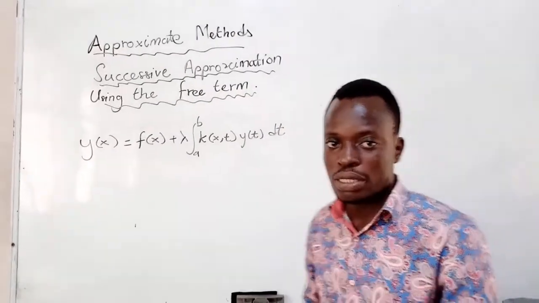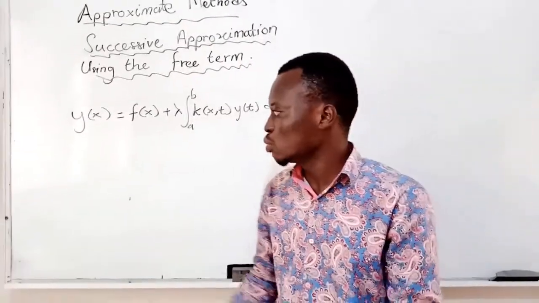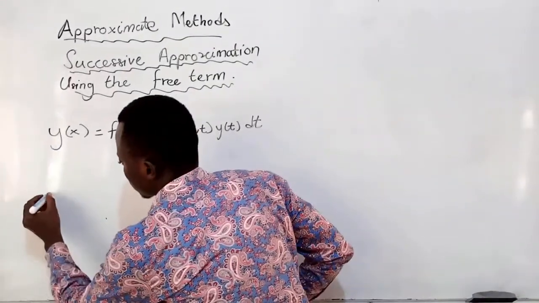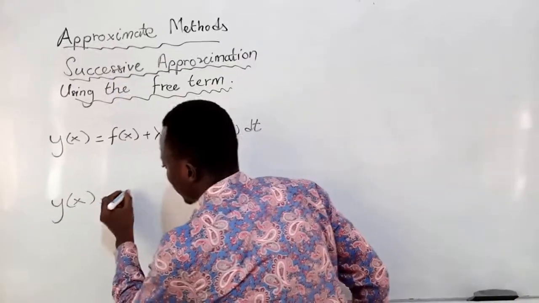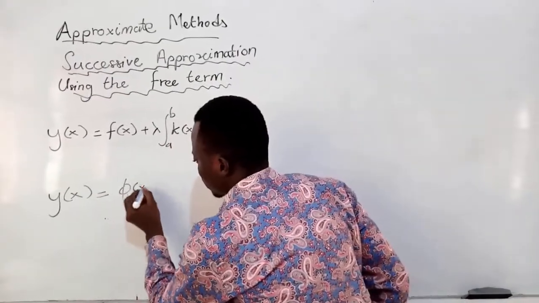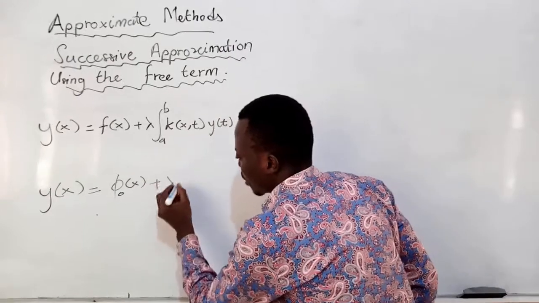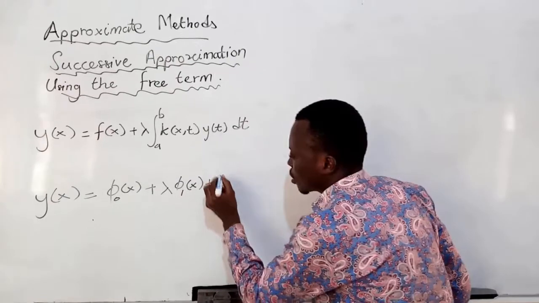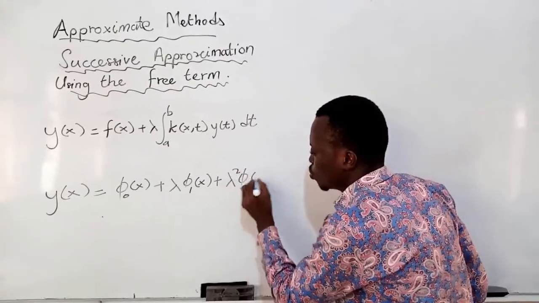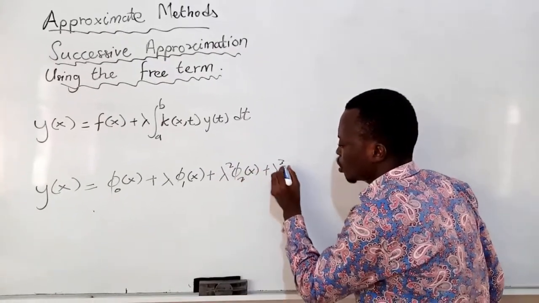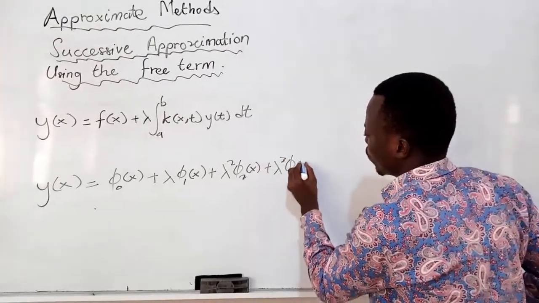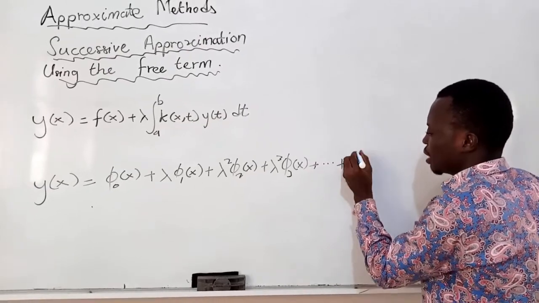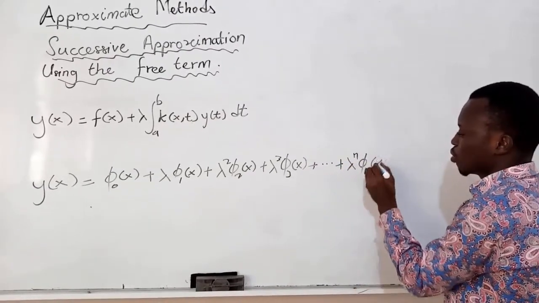you can use a series to estimate this solution. That is, y of s equal to phi naught of s plus lambda phi 1 of s plus lambda squared phi 2 of s plus lambda cubed phi 3 of s plus ... plus lambda to the n phi n of s.